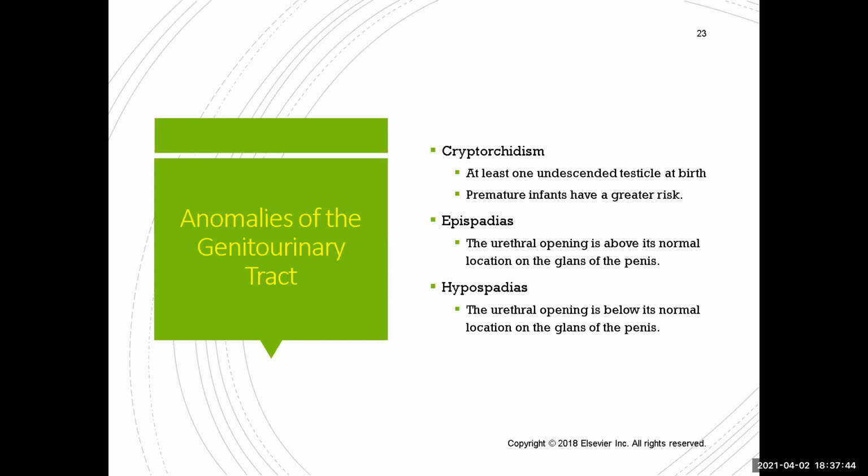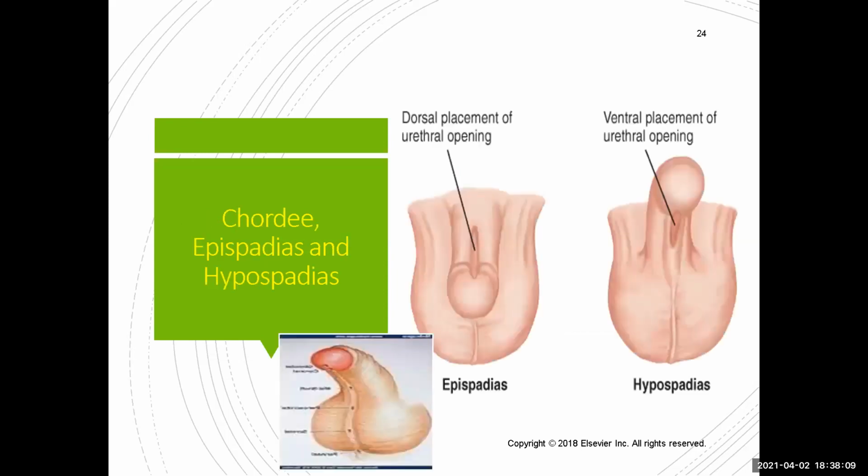So these are some anomalies of the GU tract that you'll see in babies. You'll see these when they're born, and it's one of your assessments on a child. You pay attention. So you have cryptorchidism, you have epispadias, and you have hypospadias. And I have a picture here.